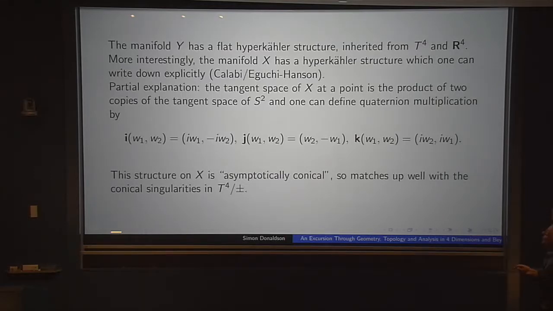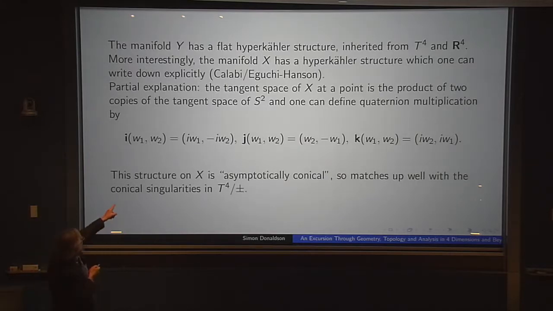So we can't quite take the time to write that down exactly, but to give a partial explanation of why this thing should be there, remember X is the tangent space of the 2-sphere. So if you take the tangent space of X, then what you get is essentially the product of 2 copies of the tangent space of the 2-sphere. But the tangent space of the 2-sphere is naturally a Riemann surface, so that has its own complex structure. So we can define our quaternion multiplication by the formulae as given.